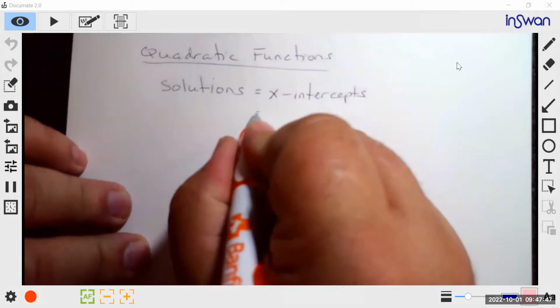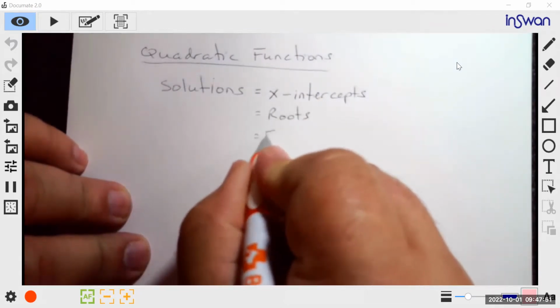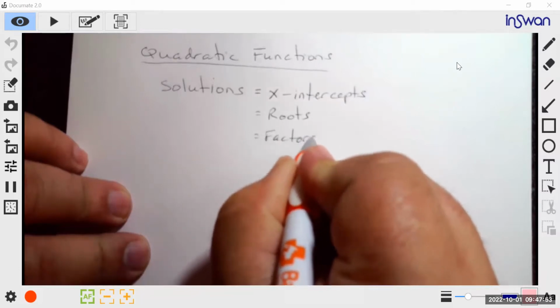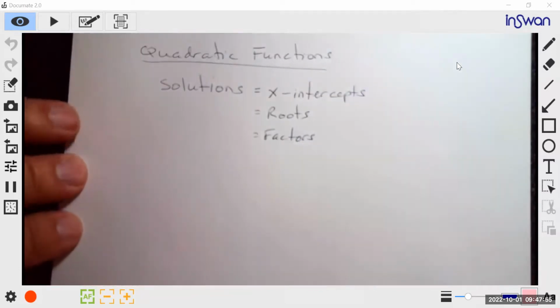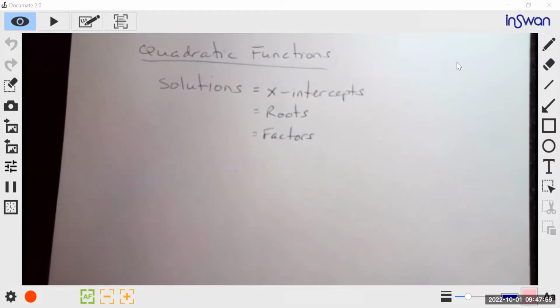They're also called the roots and the factors. All of these words mean the same thing. So if I ask you, what are the roots of this function? You're actually finding these solutions, the x-intercepts.